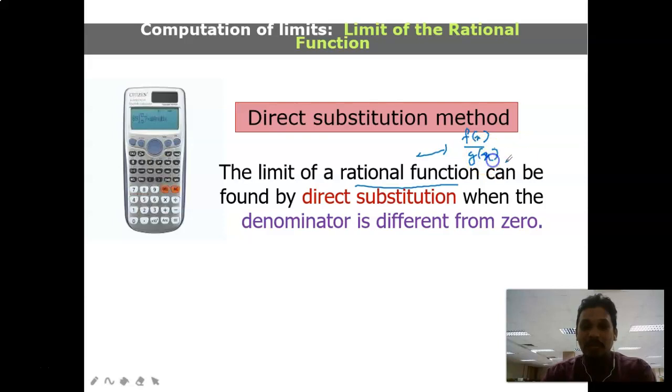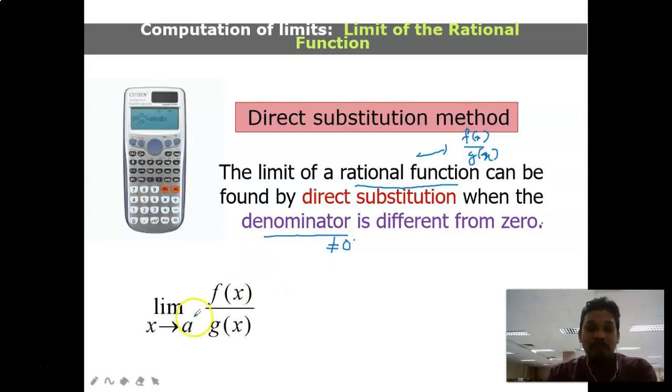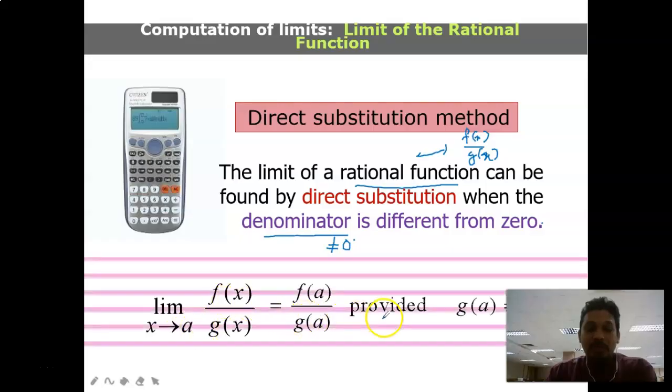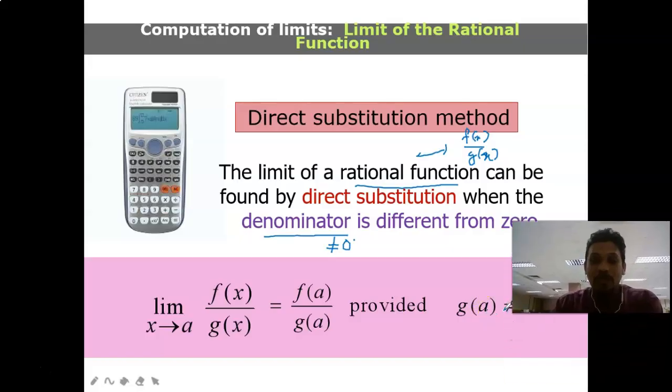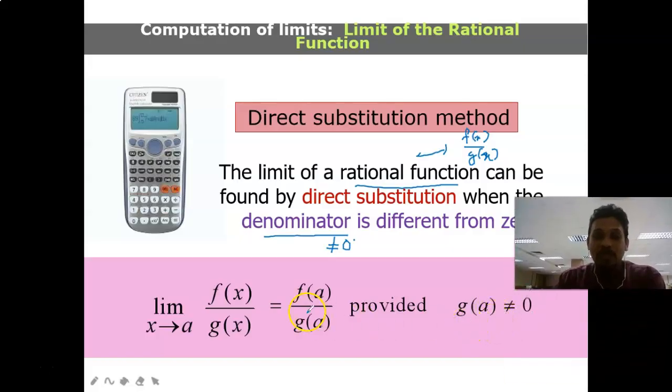It can be found by direct substitution when the denominator is different from 0, meaning the denominator is not equal to 0. So the limit of f(x) over g(x) as x approaches a, provided g(a) is not equal to 0.